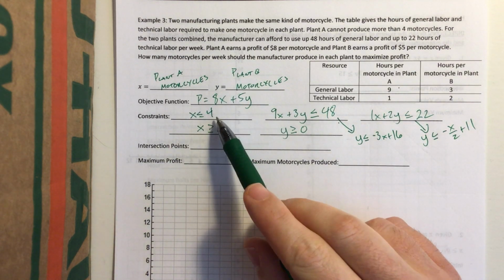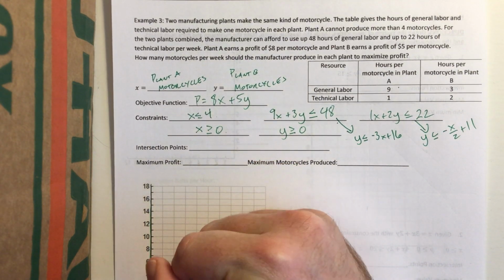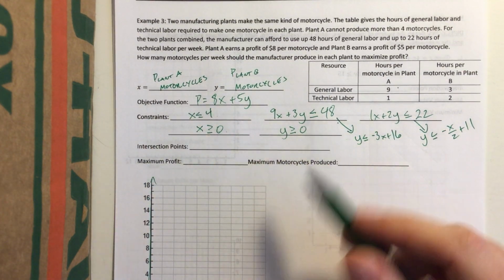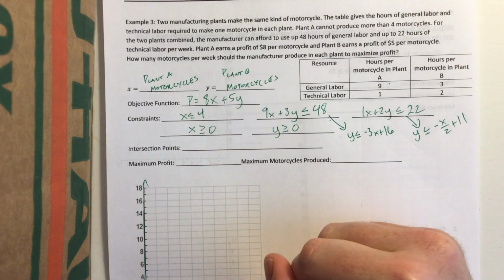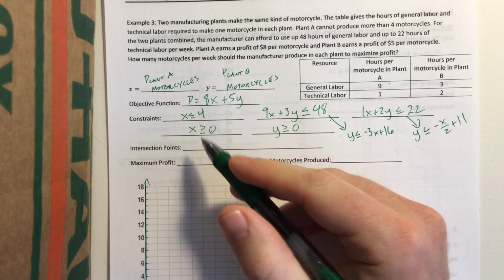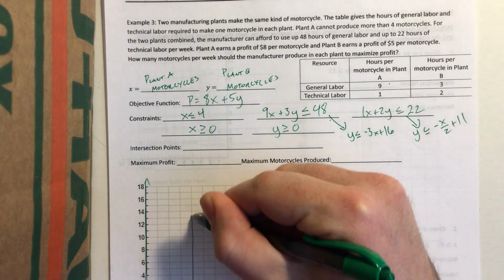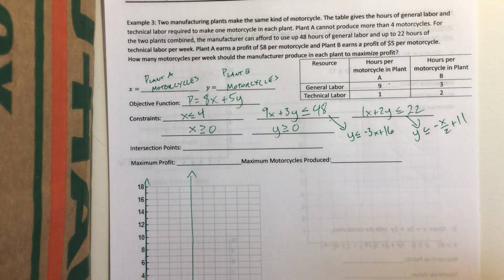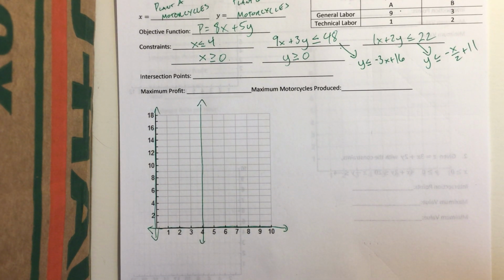So if we graph these, I'm going to graph my 3 easy constraints first. X is greater than or equal to 0. The y is greater than or equal to 0. And x is less than or equal to 4. So those are the 3 easy ones.